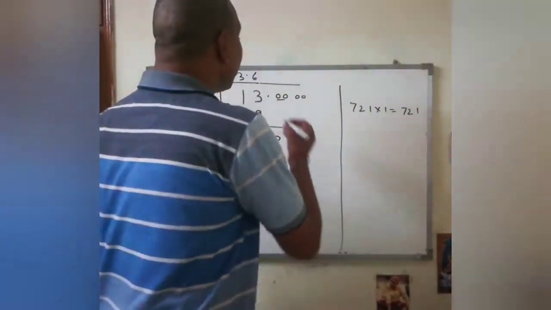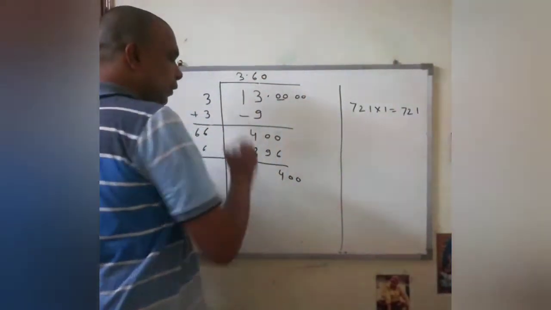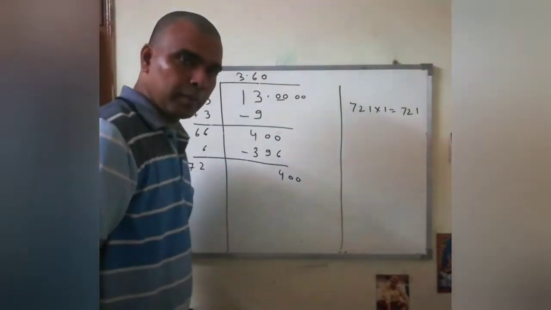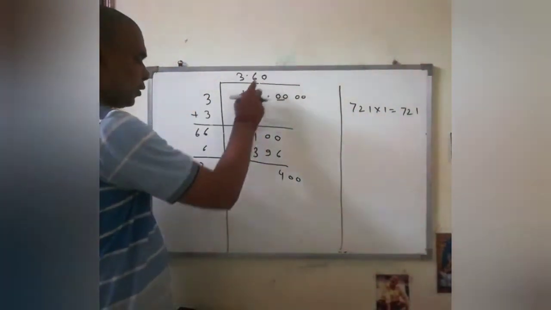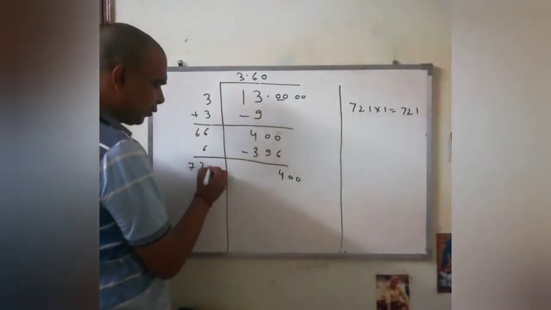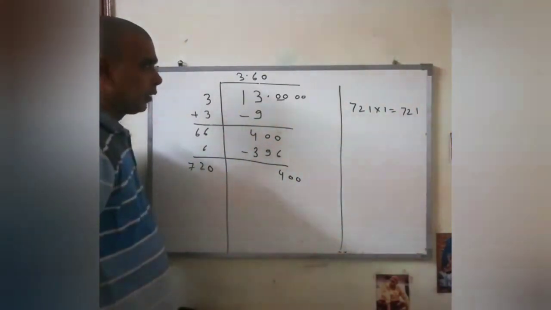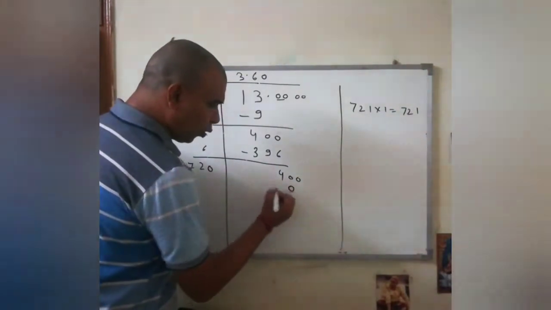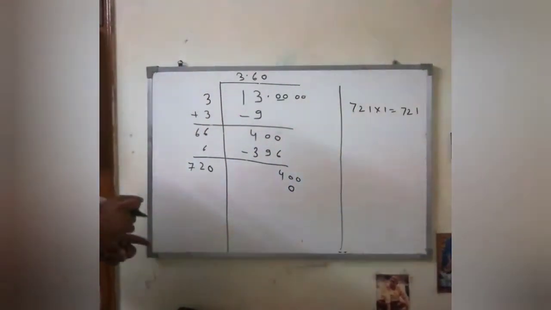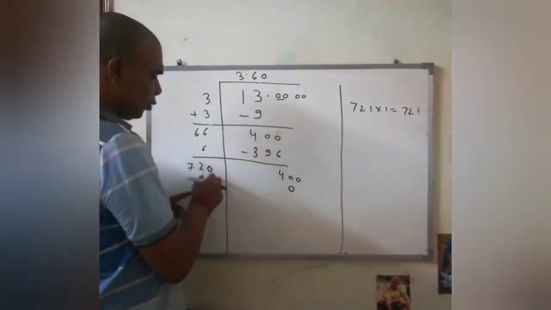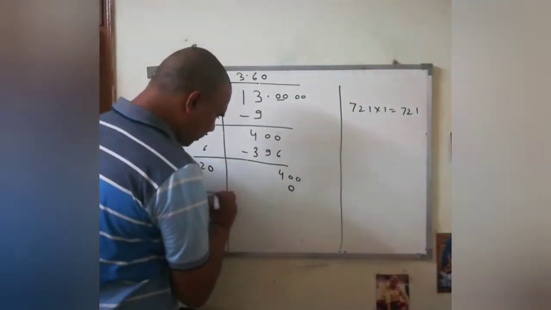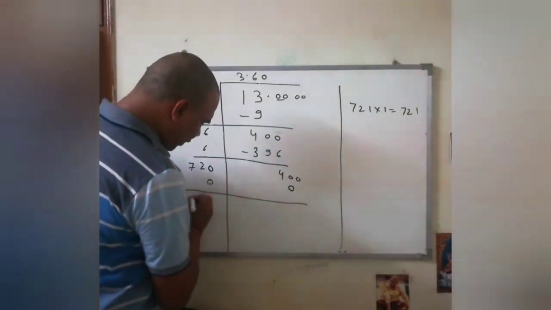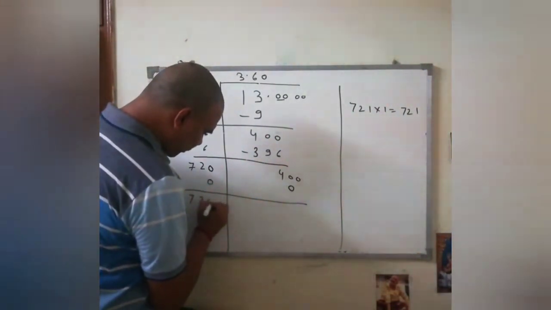So you will be putting 0 here, and you need to put 0 here. 0 into 720 is 0. This is the main concept. You can subtract it, and you will be putting 720 here.